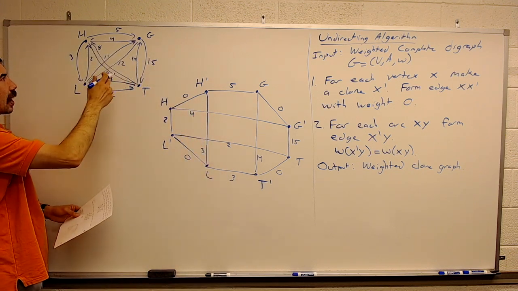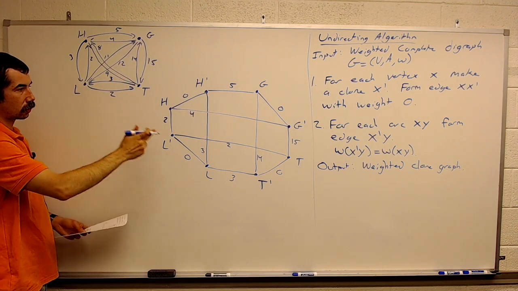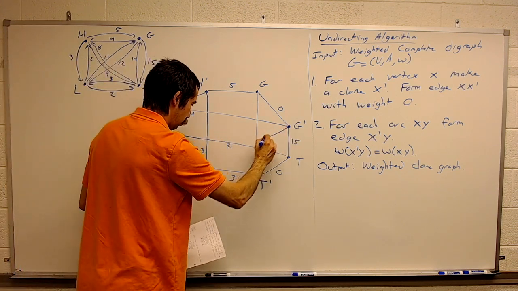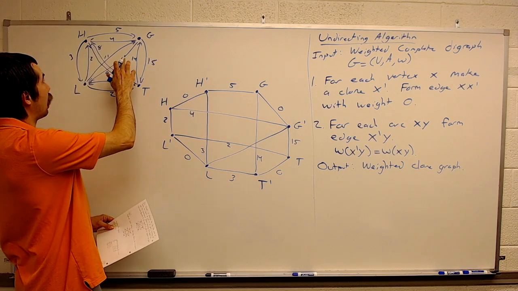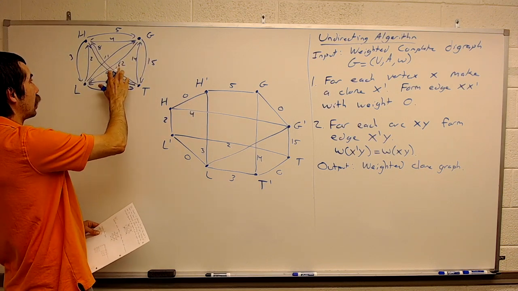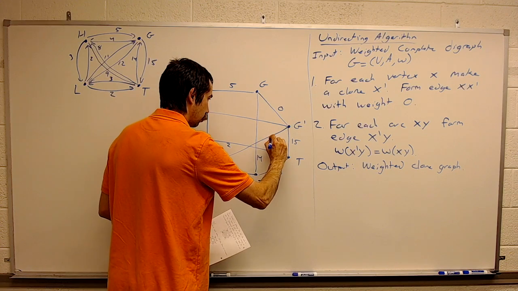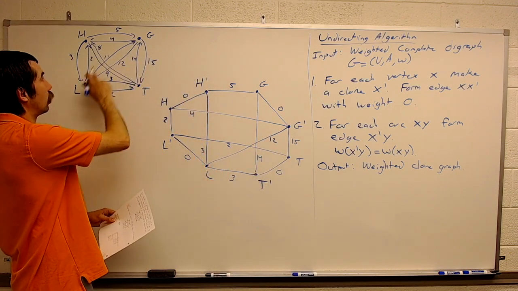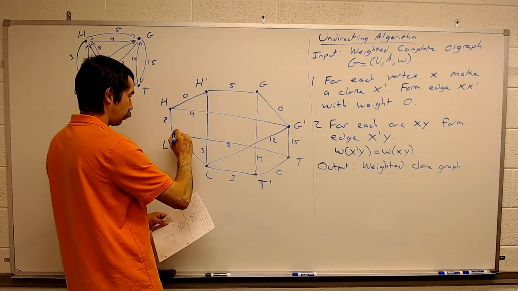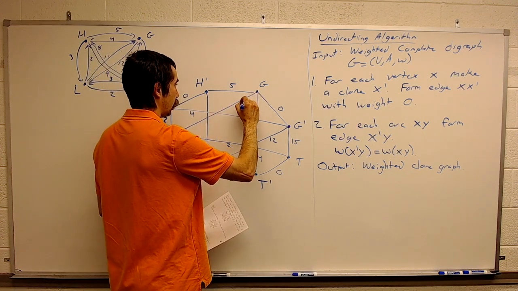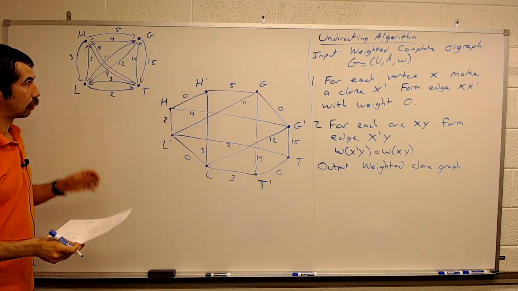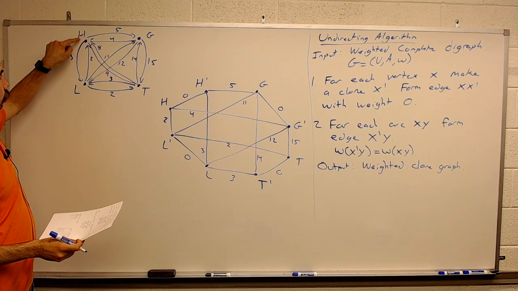And we still have to do the diagonal ones. So G to L, so that's G prime L. That's going to have G prime to L that has 12. And then L to G, L prime G is going to have 11. All right, and then there's 2 more.